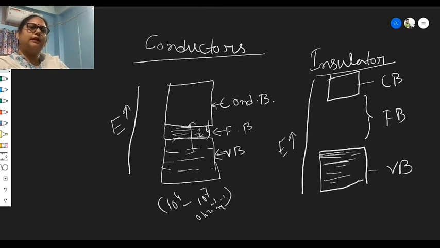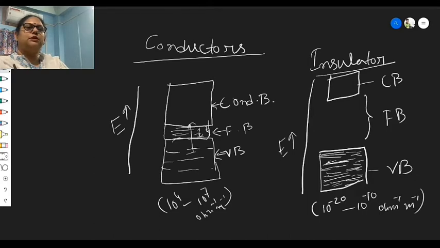Another important point is that in insulators the valence band is fully filled and stable, and there is no transfer of electrons from the valence band to the conduction band. Therefore, in case of insulators, the conductivity is very low, 10 to the power minus 20 to 10 to the power minus 10 per ohm per meter.